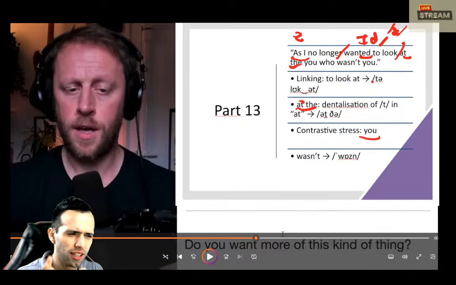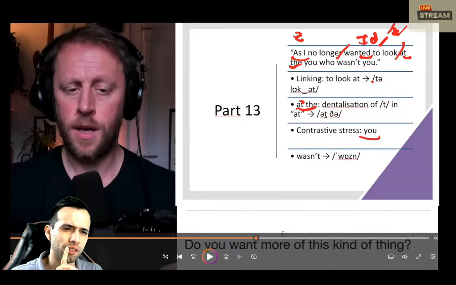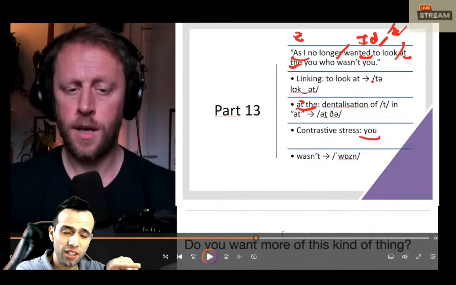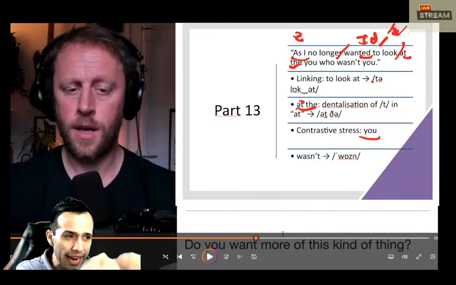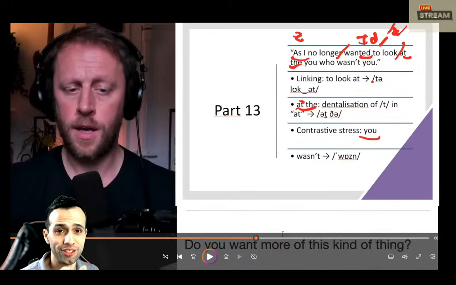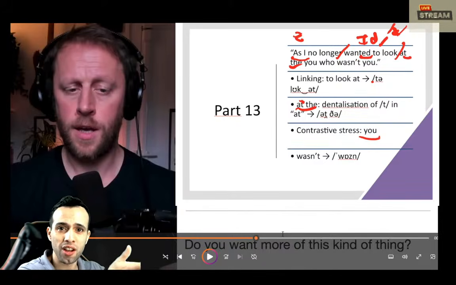So it's like she's making a distinction between two people: her boyfriend or husband, and this double, this other person who's exactly the same in appearance. In a way, she doesn't want to accept that this is her husband or boyfriend with another woman.